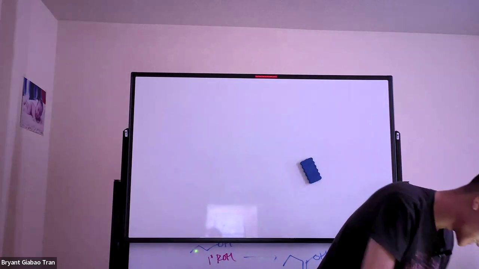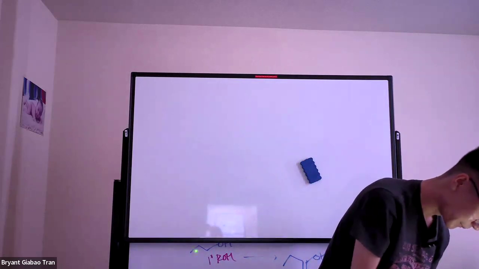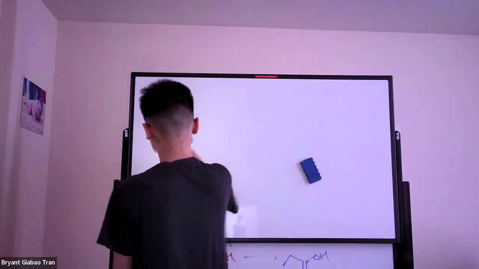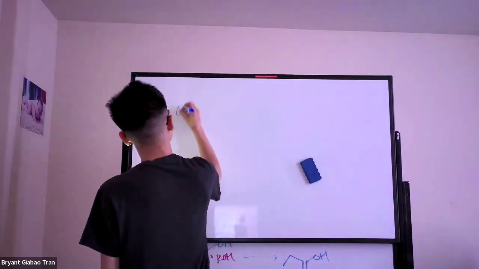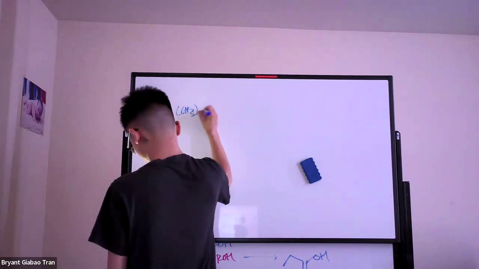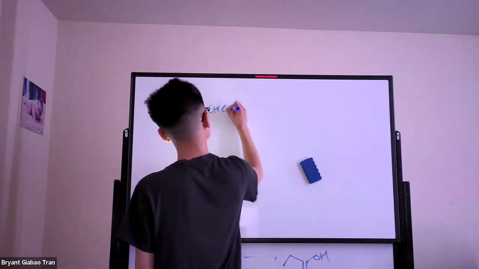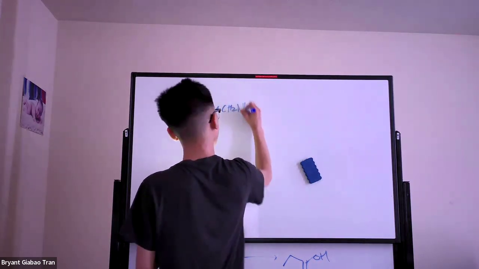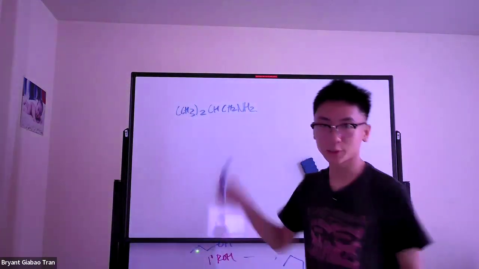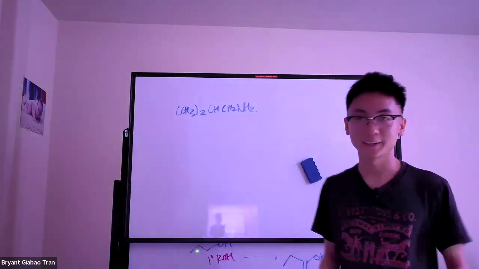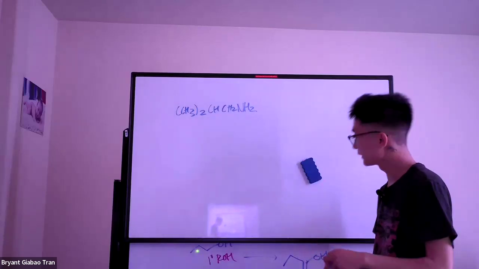What is the hybridization state of nitrogen in CH3, CH2, NH2? So how would you draw this in bond line formula?